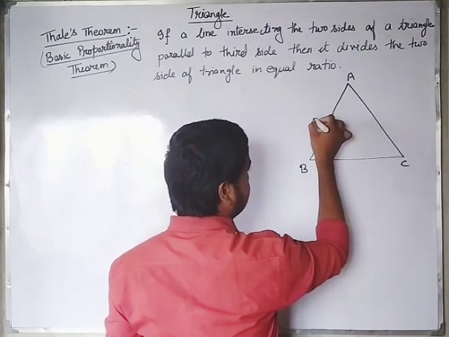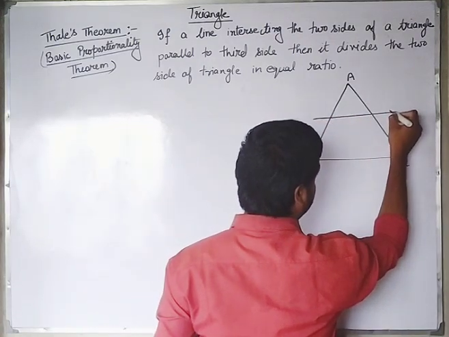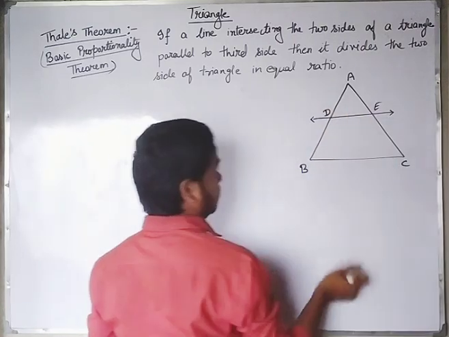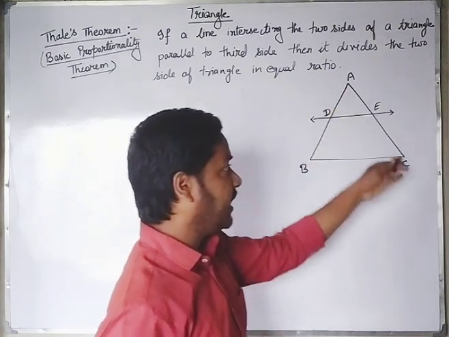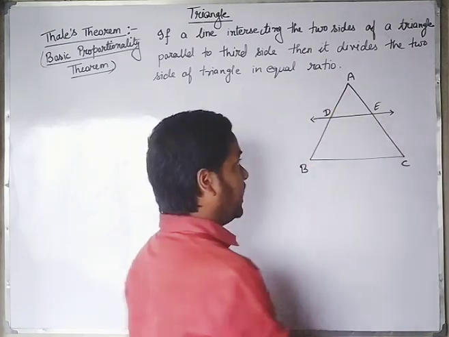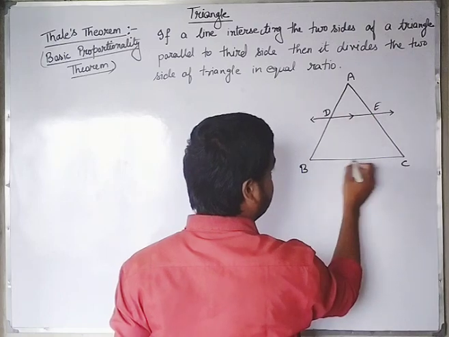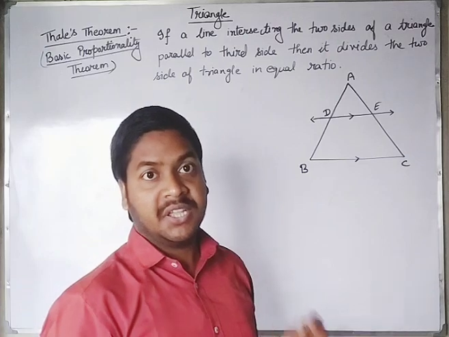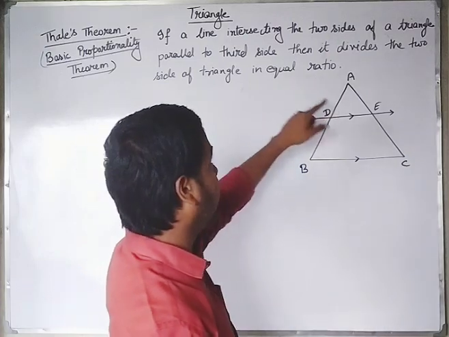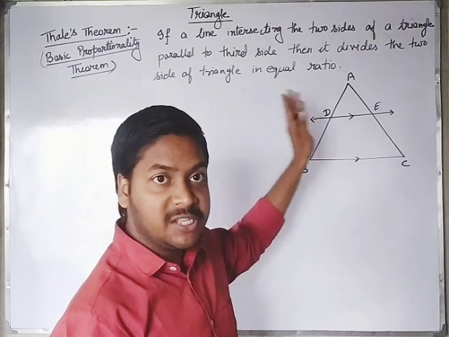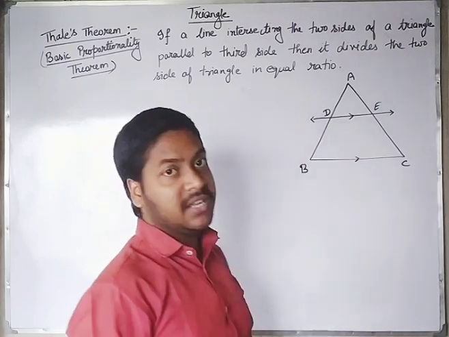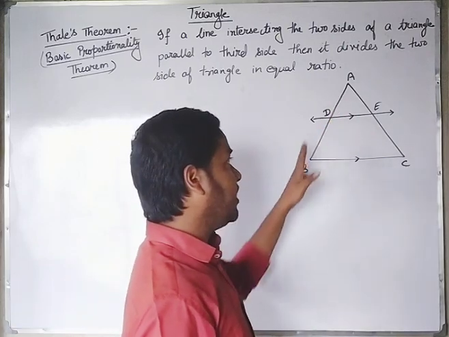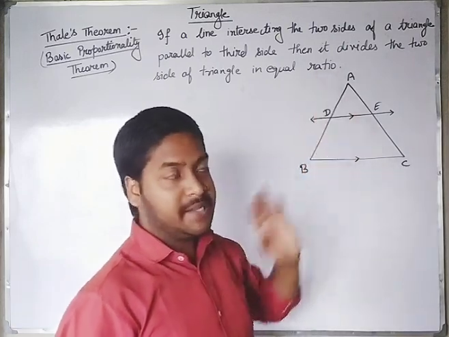If any line coming from outside intersects two of its sides at D and E, intersecting AB at D and AC at E, such that this line is parallel to the third side, it means DE is parallel to BC, then this line divides the two sides of a triangle into equal ratio. It means AD by DB will be equal to AE by EC.